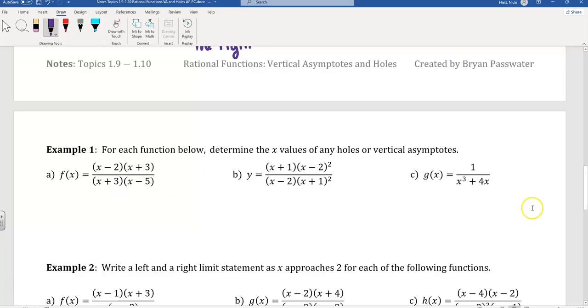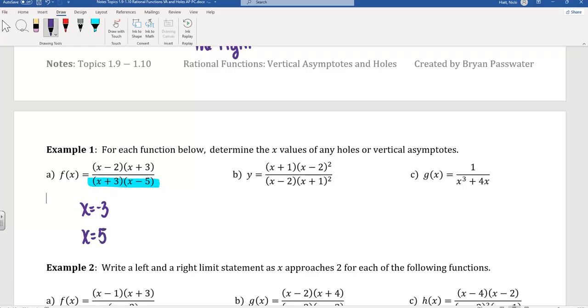All right, so for these, you're telling me about holes and vertical asymptotes. Holes and vertical asymptotes always come from the denominator, right? So what we want to do is we want to look at the denominator. That's where we find holes and vertical asymptotes. So I'm going to have a hole or vertical asymptote at x equals negative 3 and a hole or a vertical asymptote at positive 5.